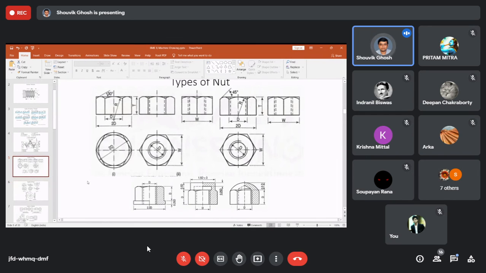6 itself is particularly such a value where each of the sides are at 60 degrees apart, right? If you consider these 3 spaces, then it is 30 degrees, 30, 30, again 30, 30, 30, like this.